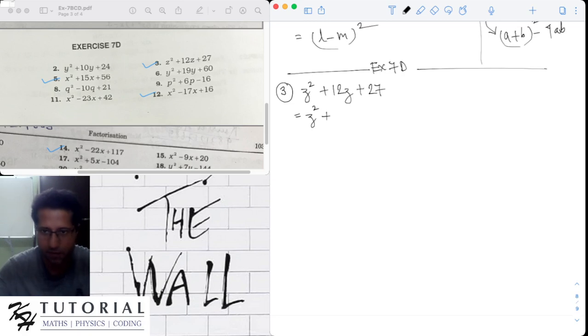You cannot express 27 as a square of something. I mean 27 is not a perfect square. So there will be a root. If we try to express 27 as the square of something, that something will have a root, but a square root is not present in the 12z.